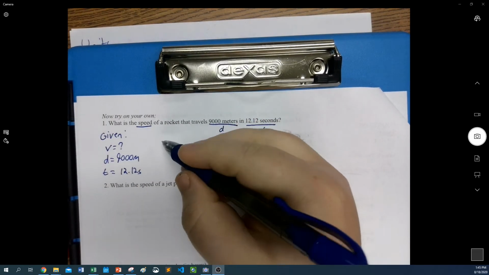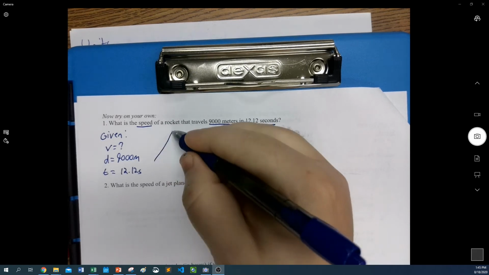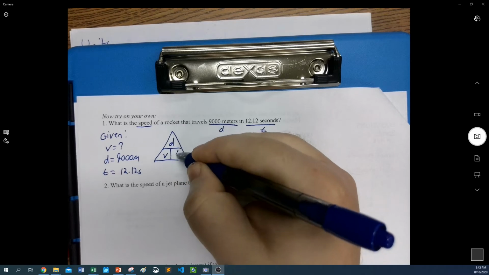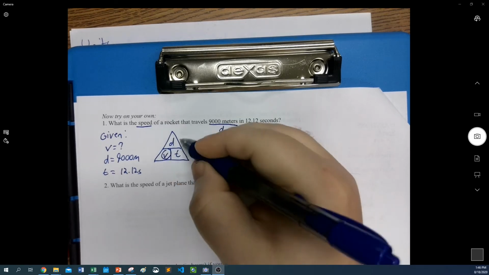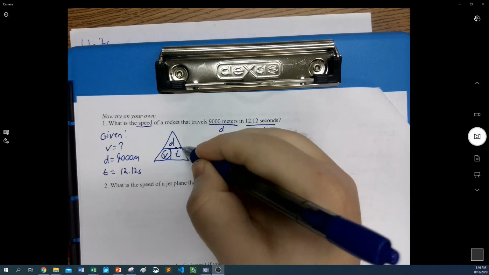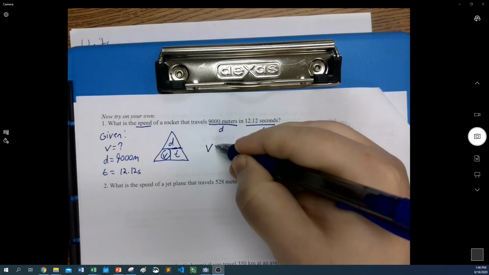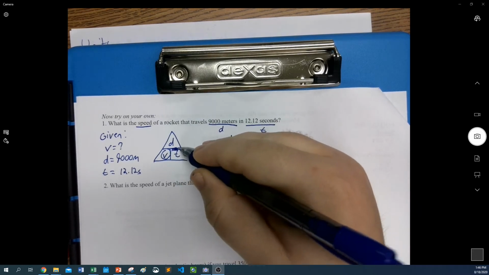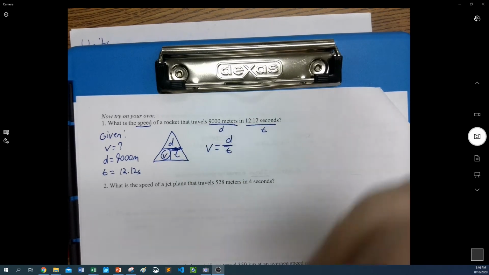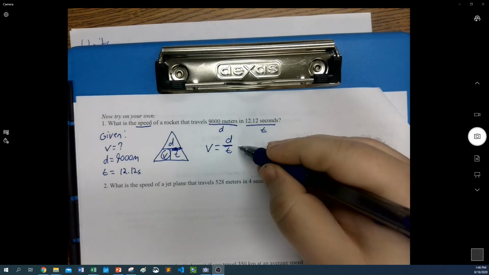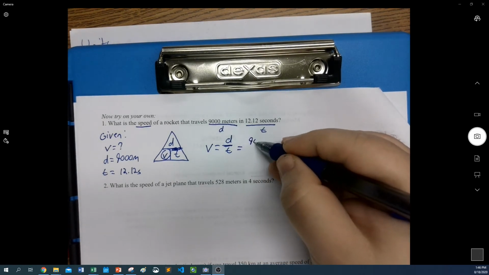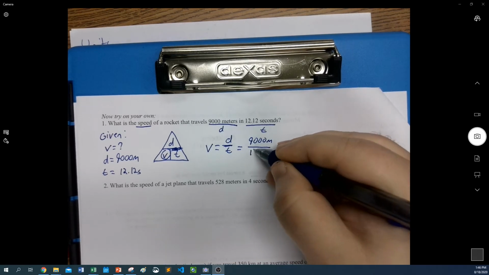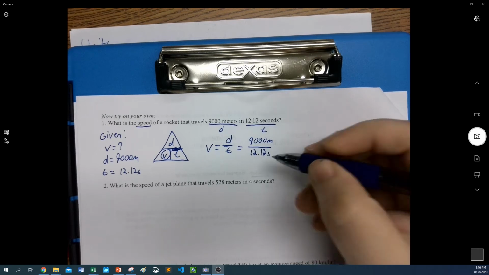So solving for speed or velocity, we can use our triangle. Speed is equal to distance divided by time. So we write down our equation. It's distance divided by time. Now we can plug in our values. 9,000 meters for the D for distance, and 12.12 seconds for the time.